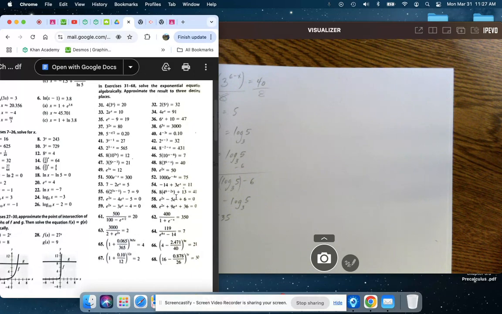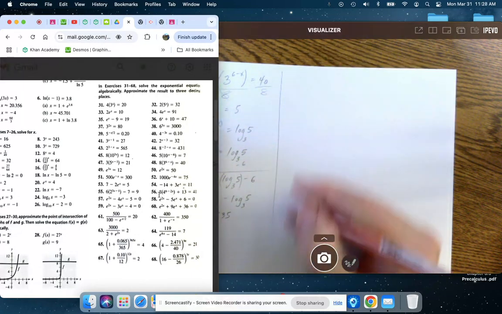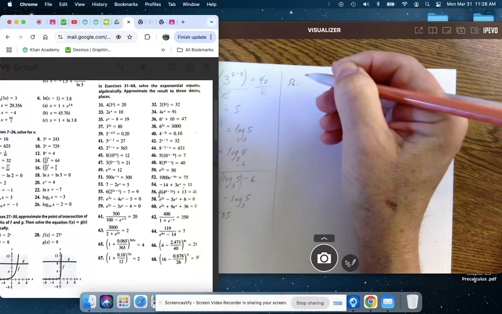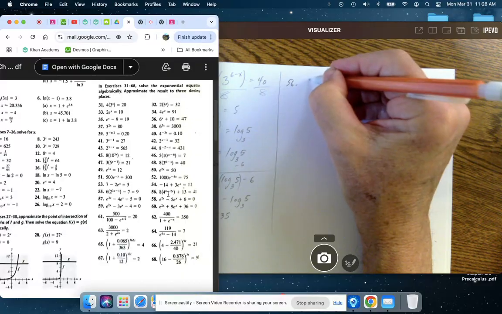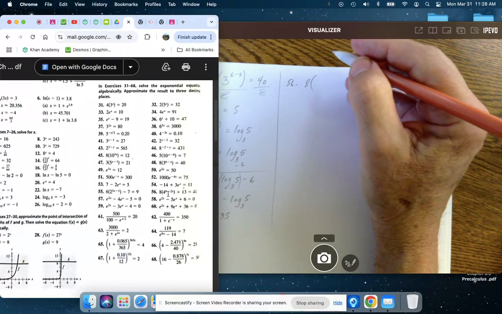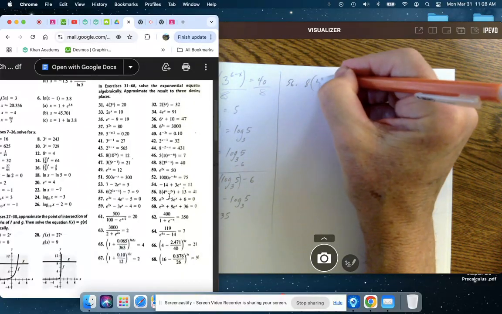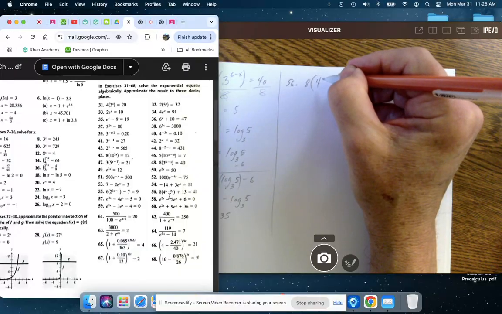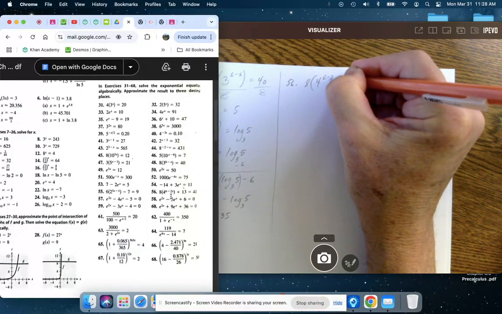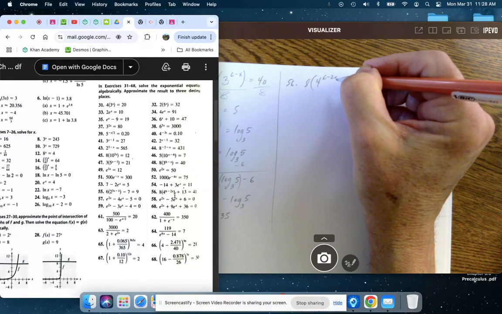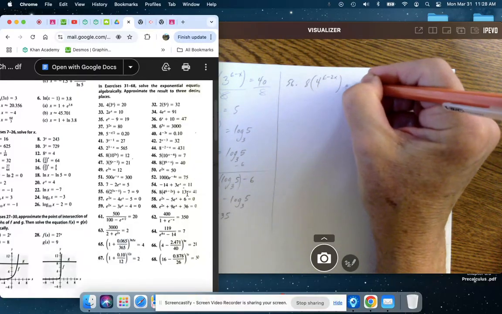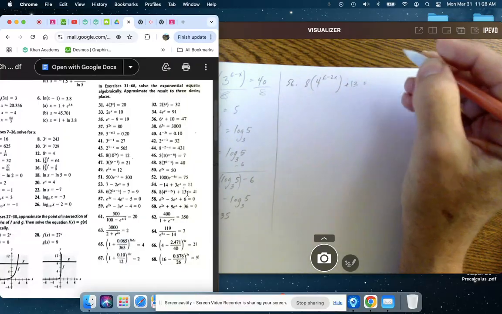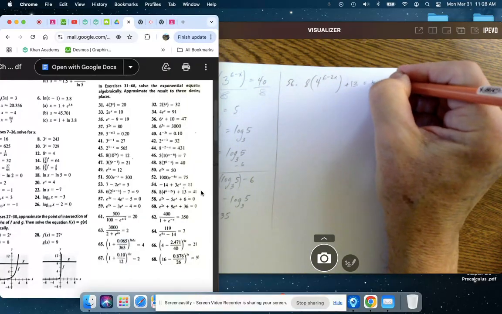Let's try something a little more complicated here, like 56. So 56 reads 8 times 4 to the 6th minus 2x, plus 13 equals 41.